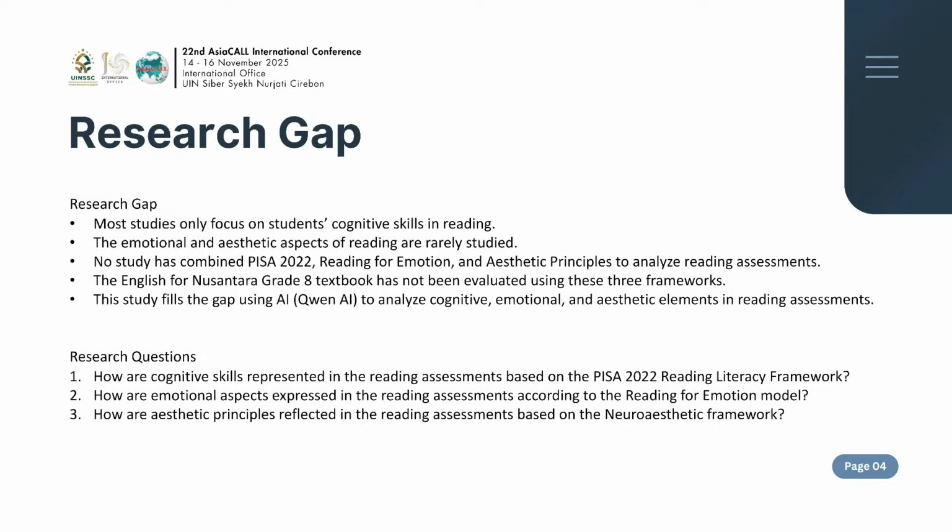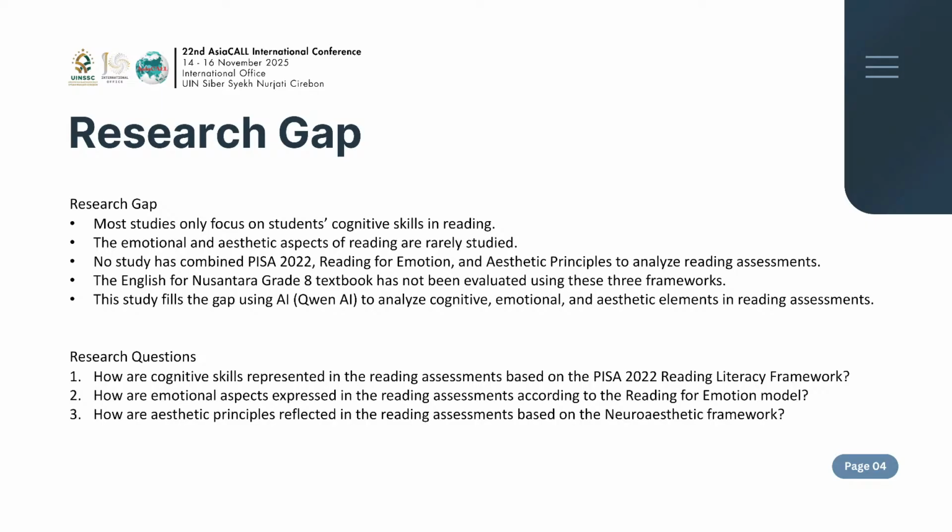Now I will explain about the cognitive suitability based on the PISA 2022 reading literacy framework. As you can see in table number 1 that shows the cognitive suitability, there are three main types. First is access and retrieve. Access and retrieve appears with high frequency because it has 89 questions and 68%, which shows students are still getting information from the textbooks.